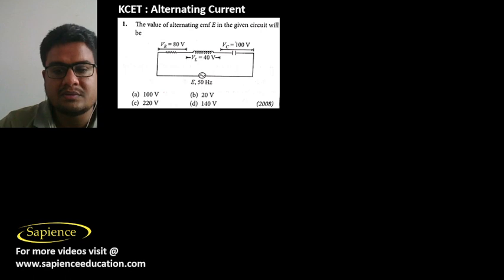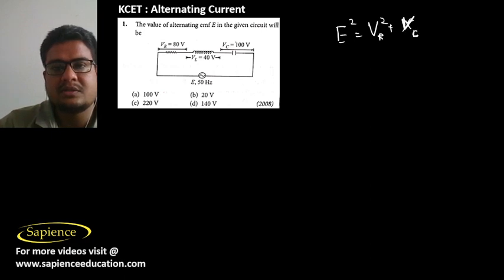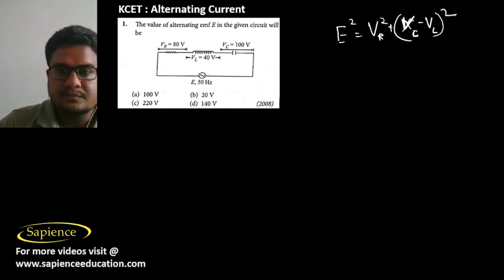Here we shall start from the very first question onwards. It's told the value of the alternating EMF in the circuit. So we know that E square is equal to VR square plus (VC minus VL) whole square.